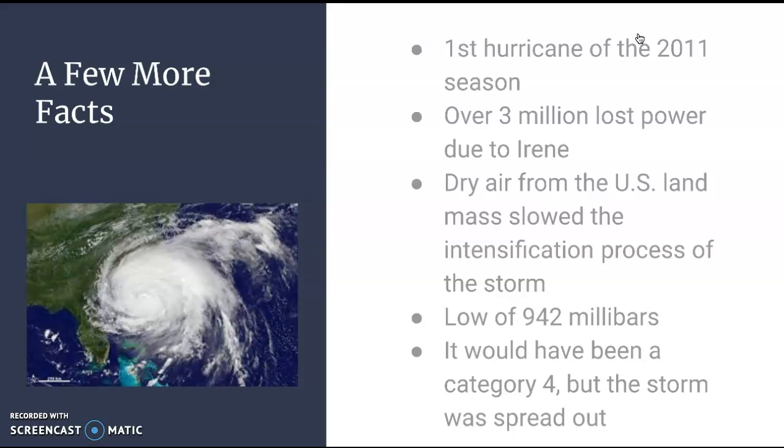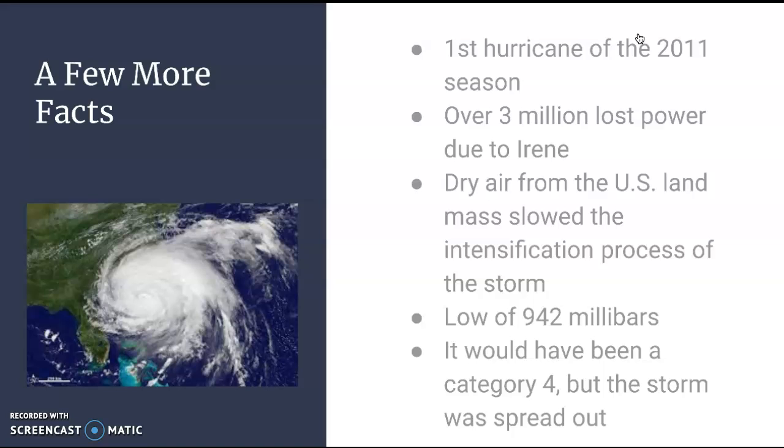So a few more things. It was the first hurricane of the 2011 season, so it started off things on a bad note. Over 3 million people lost power due to the hurricane.